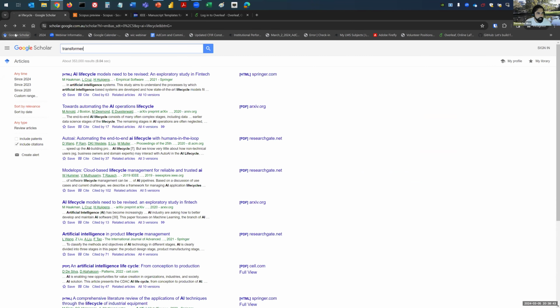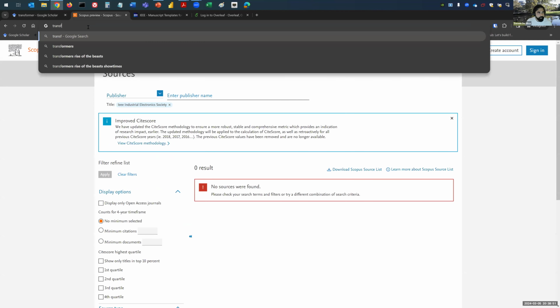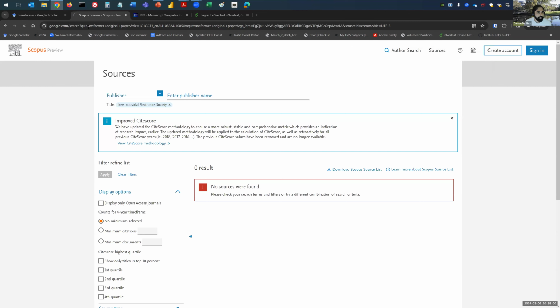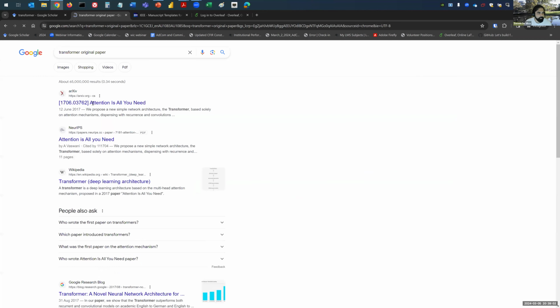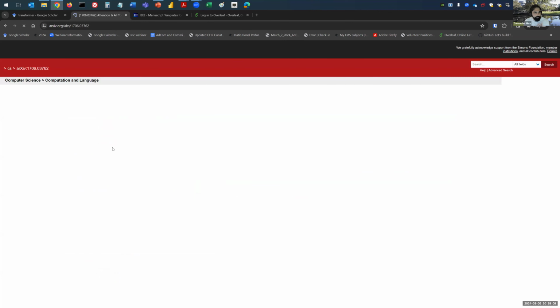Transformer is the algorithm for GPT, or most generative AI models. I think it's called Attention Is All You Need. Yes, that's the paper published on arXiv. So if you're really good, you would publish here.